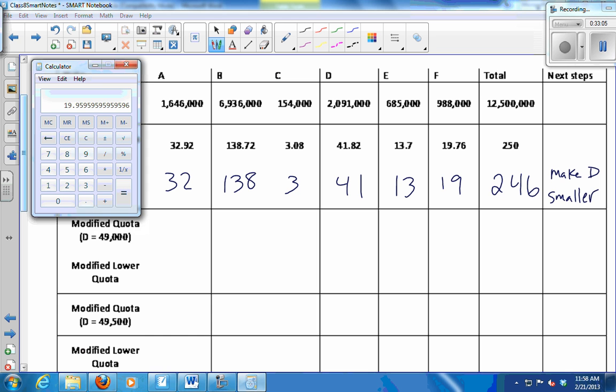So then you have to do each population divided by 49,000. 6, 1, 2, 3. 33.59.